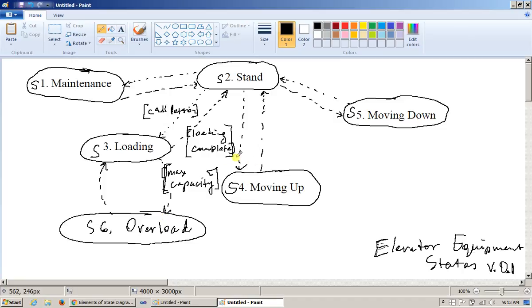So doing this modeling is very effective and very productive in terms of understanding and planning to write the code. And as you can see, if I was asked to program this class elevator, and someone was giving me this state diagram, it would be a tremendous help, because this is like a roadmap.